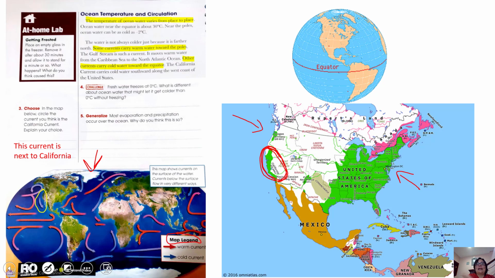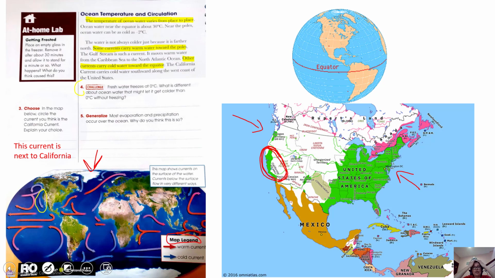In number 4, guys, it says fresh water freezes at, do you remember in math? Fresh water becomes frozen at 0 Celsius degrees. So the question says, what is different about ocean water that might let it get colder than 0 Celsius degrees without freezing?